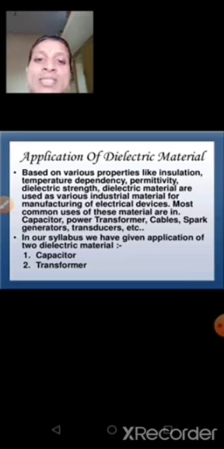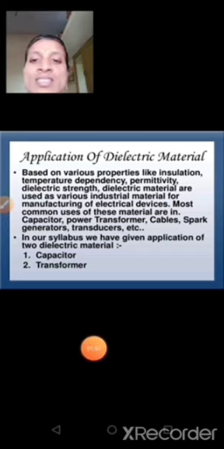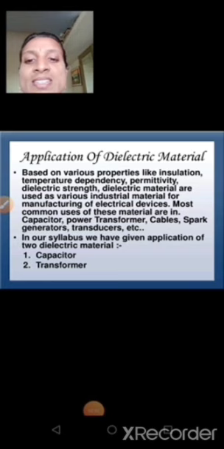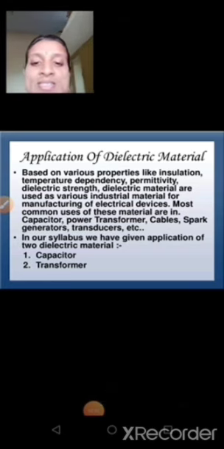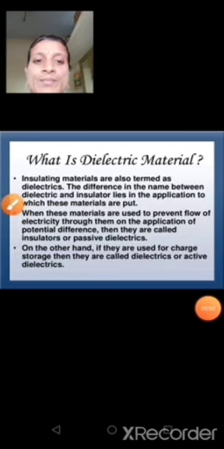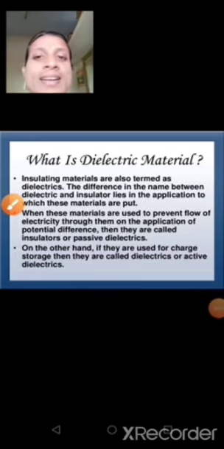In our syllabus, we have been given applications of dielectric materials as two: capacitors and transformers. Later, dielectric materials are examples of insulators.